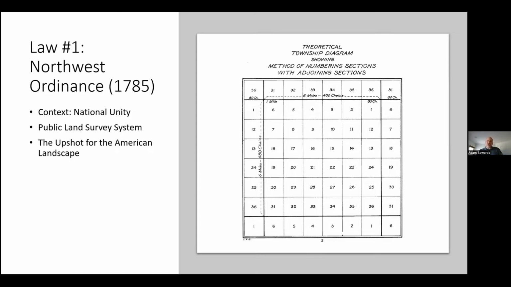Now, the survey system was problematic in a variety of ways. One of the purposes of it had been to provide some revenue for the federal government, for the national government, and this didn't work out particularly well.